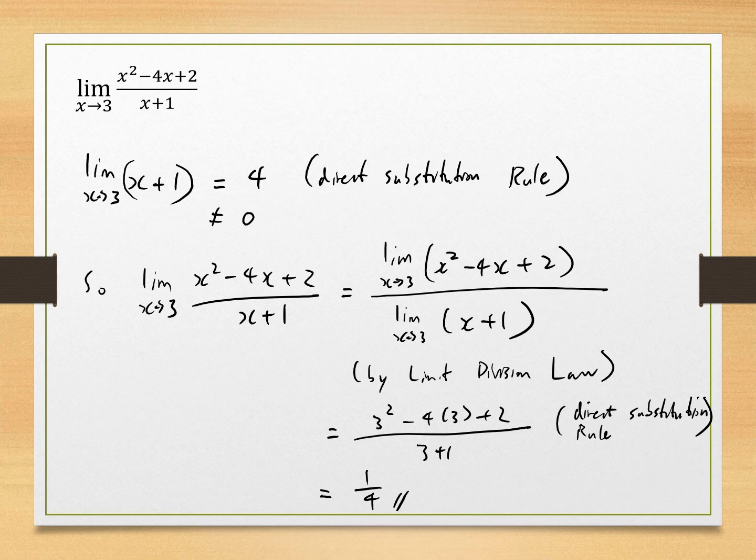What do you say it should be? Is it negative? You're right. Yes. 9 minus 12 plus 2 is negative 1. Well, that's why you should always trust your calculator.